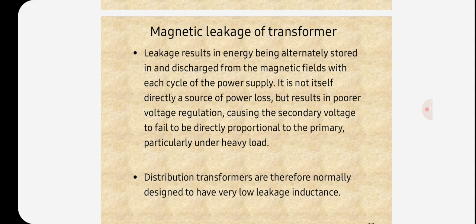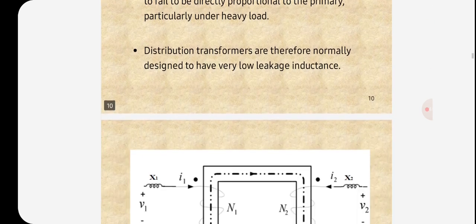It is not itself directly a source of power loss, but results in poorer voltage regulation, causing the secondary voltage to fail to be directly proportional to the primary, particularly under heavy load. Distribution transformers are therefore normally designed to have very low leakage inductance.